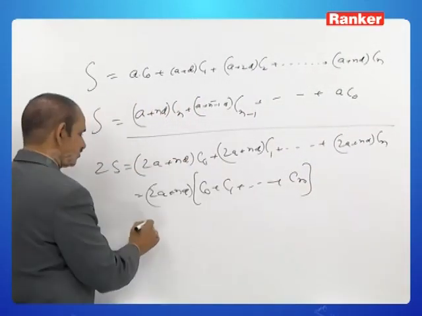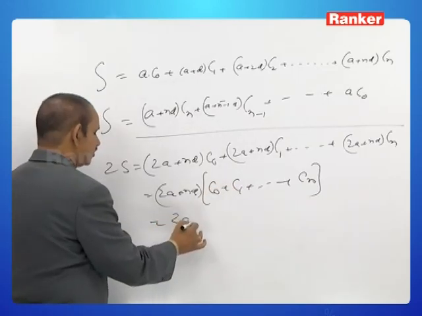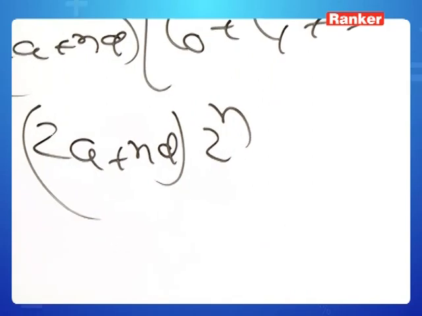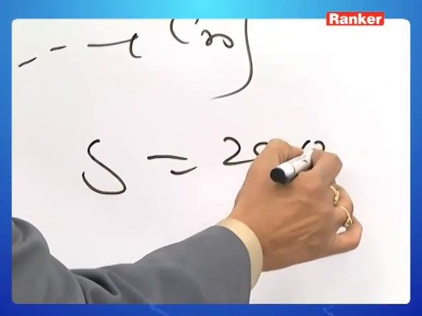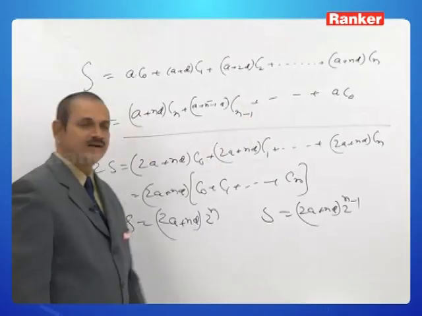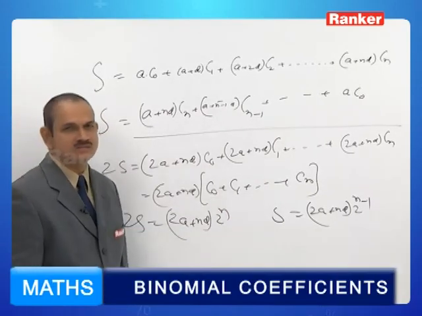And we know that expression which is inside the brackets is nothing but 2 power n. So 2A plus ND into 2 power n. This is 2S. So what is S? S is equal to 2A plus ND into 2 power n minus 1, isn't it?